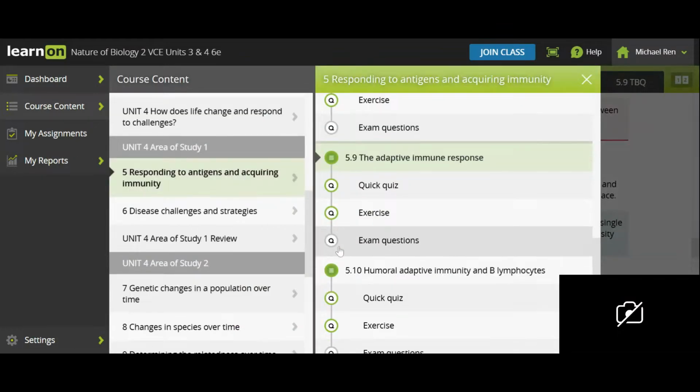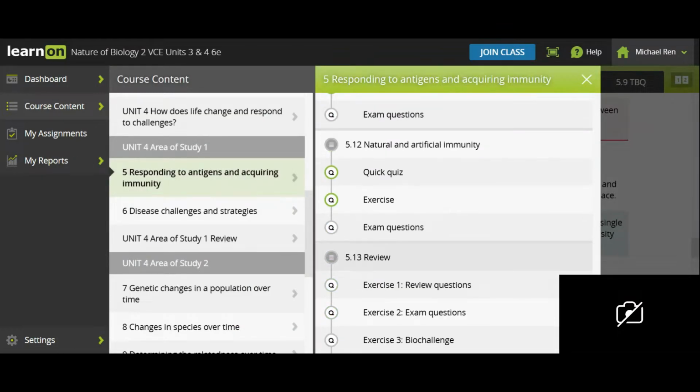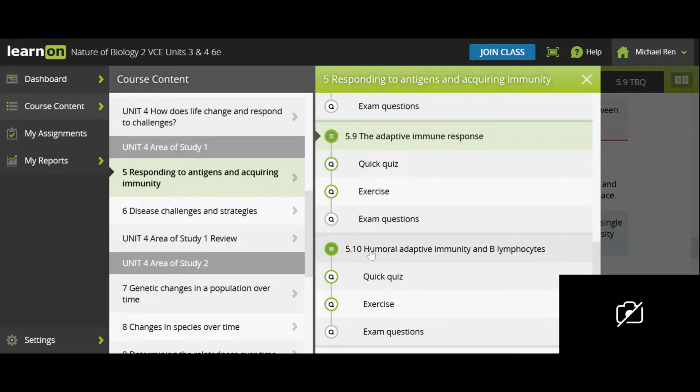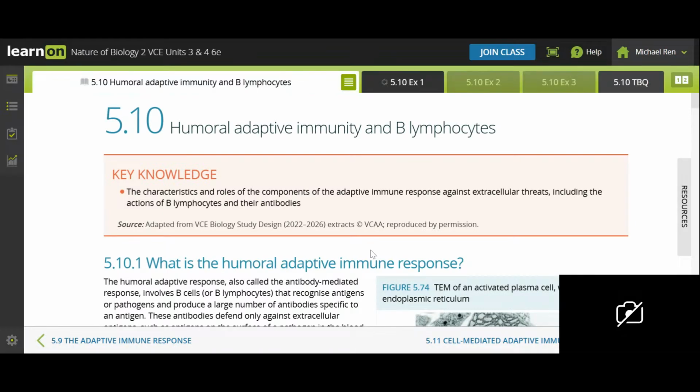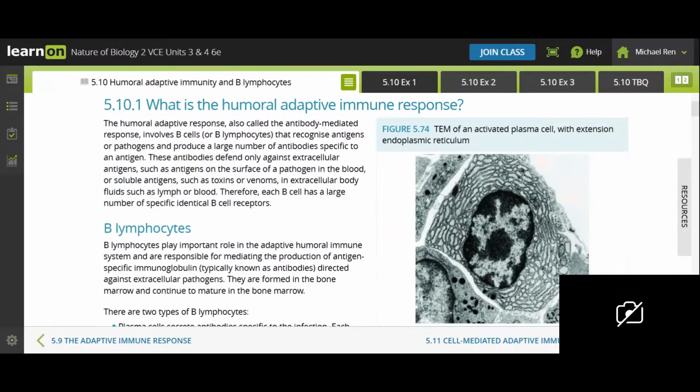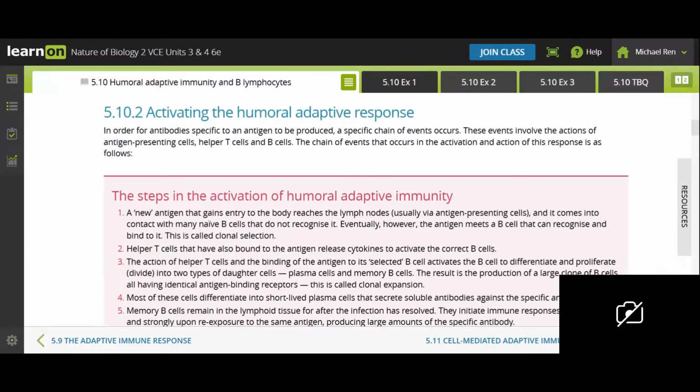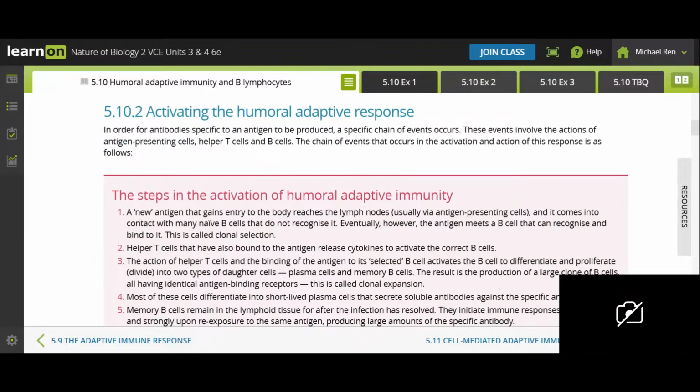Okay, so first up, you've got humoral adaptive immunity. Let's first check if I was correct in how it was activated. Yes, Th cells bound to the antigen with these cytokines. They're also bound to it? Okay. So the APC presents the antigen to the B cell, and the B cell with the complementary B cell receptor binds to it.